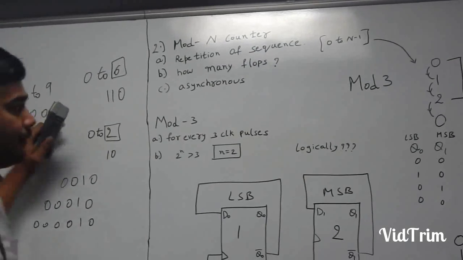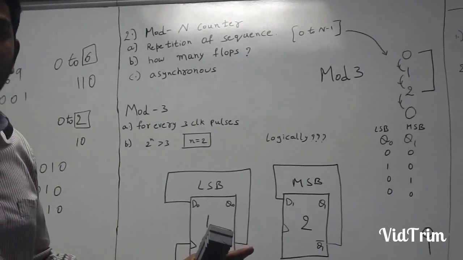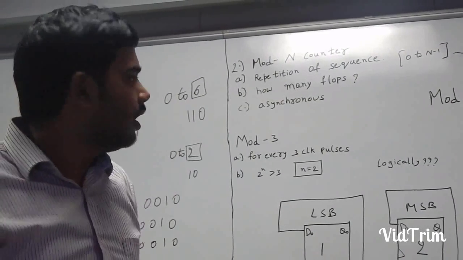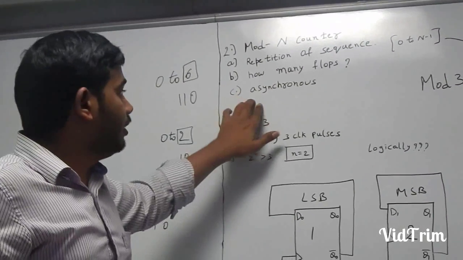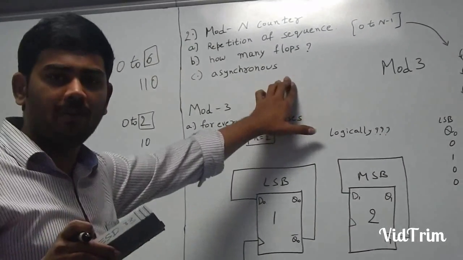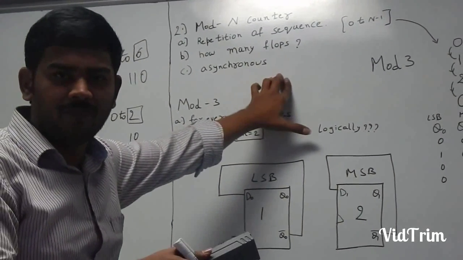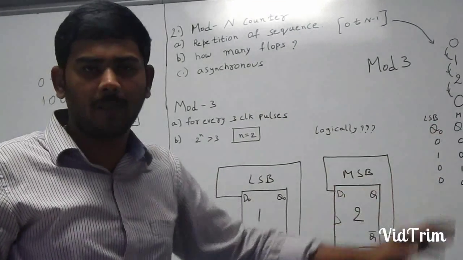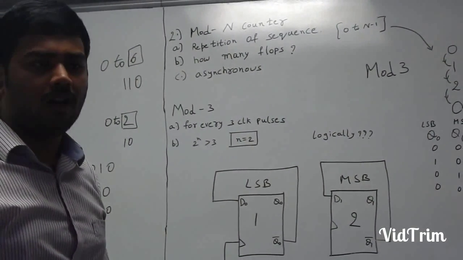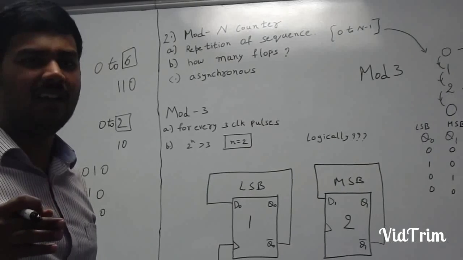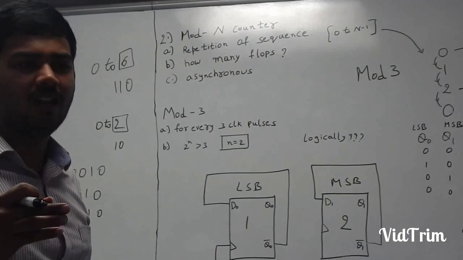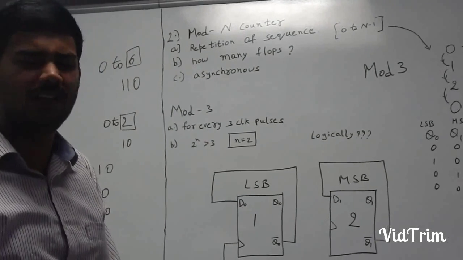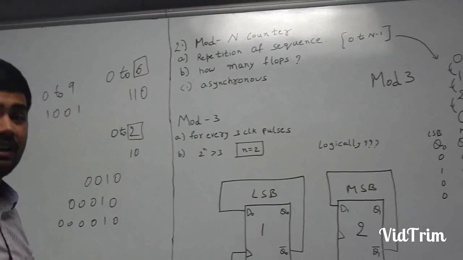So the first question to be answered is how many flops are required, and thereby we can solve very easily. This is an asynchronous counter, meaning only the first flop gets the clock which we are giving, and the next flop gets the clock from the first flop output. I'll also make you clearly understand whether to take the next flop as positive edge or negative edge, and so on. Many doubts, I'll clear.